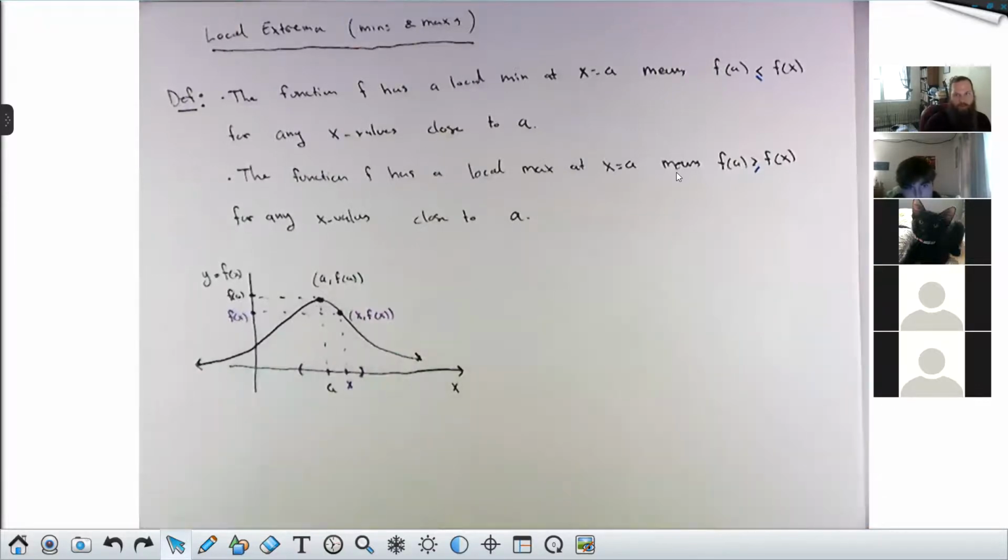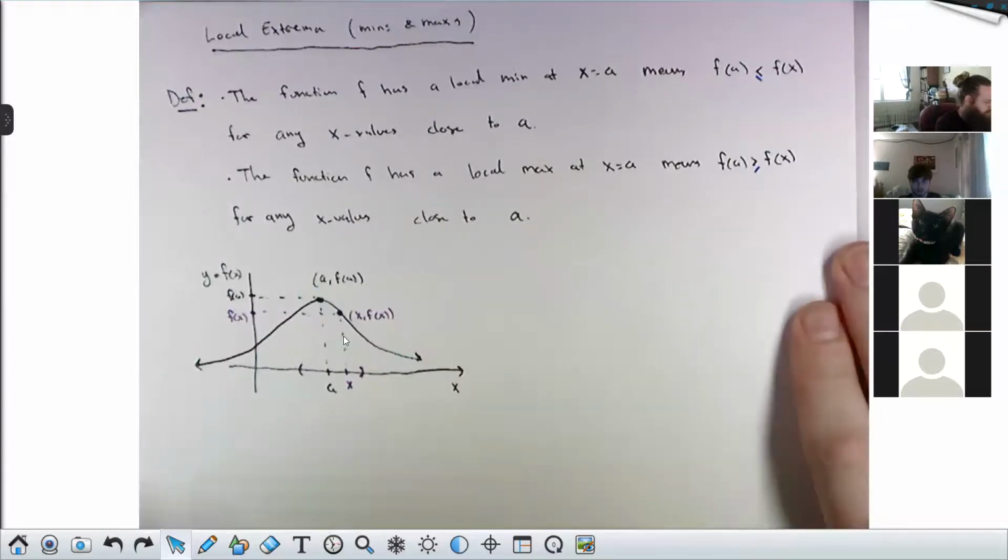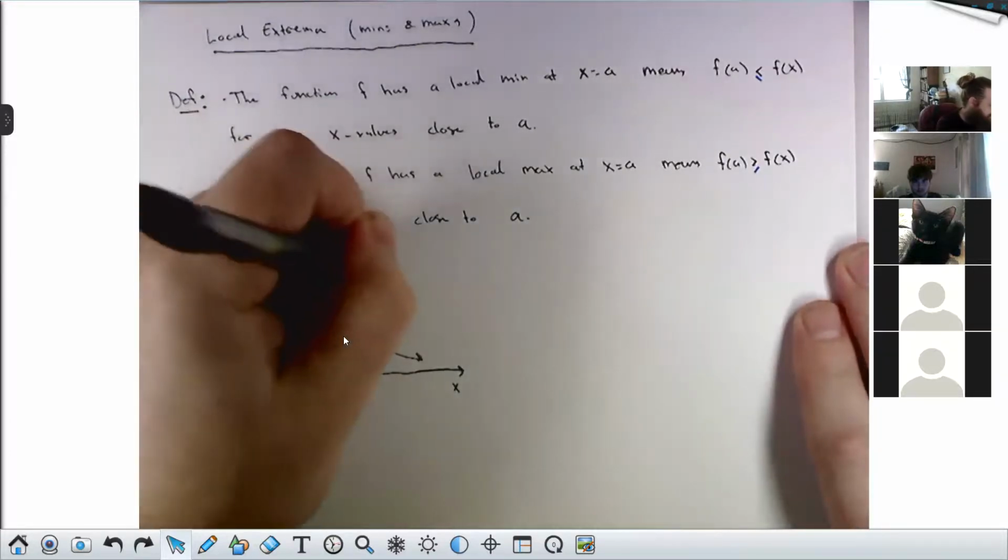That's what's meant by a local max, and that's precisely what this inequality is describing. F of a, the y value at this point, is bigger than any of the y values nearby. So this is a local max.